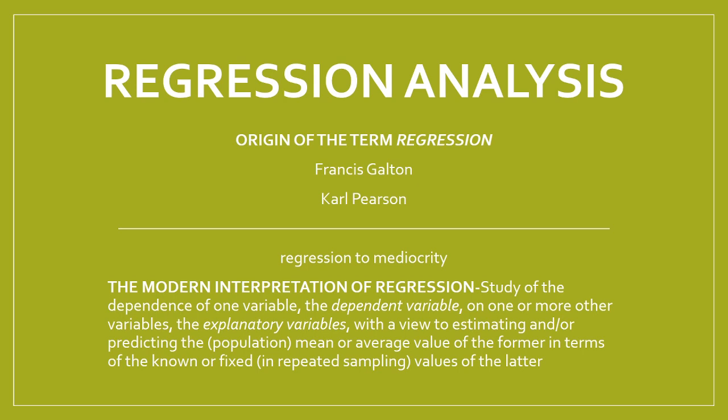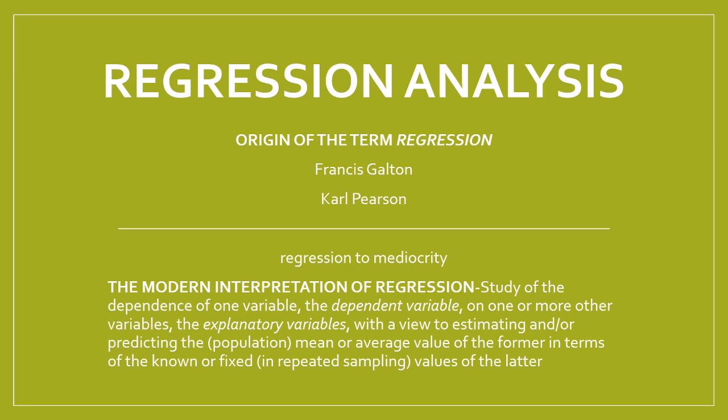But the modern interpretation is somewhat different from the interpretation given by Galton and Carl Pearson. According to the modern interpretation, regression is the study of the dependence of one variable on one or more other variables.